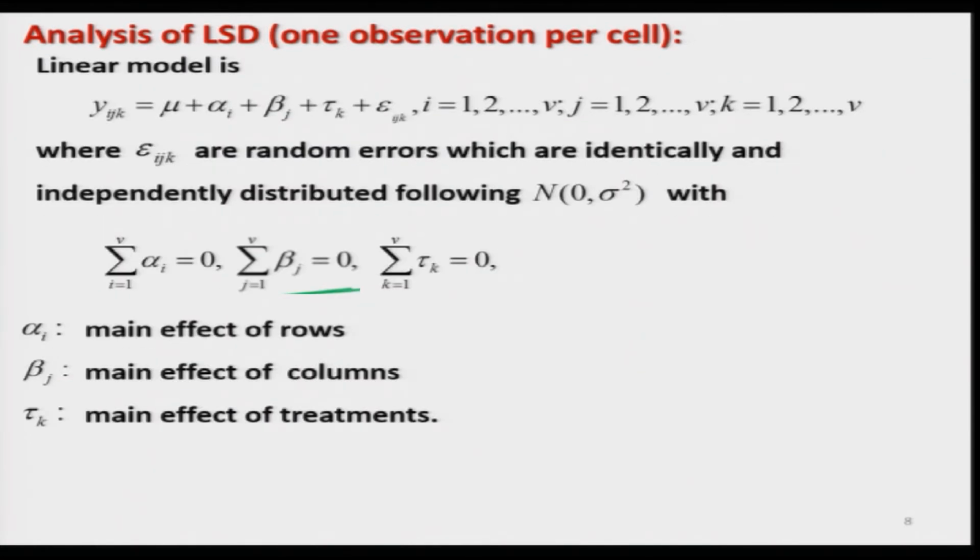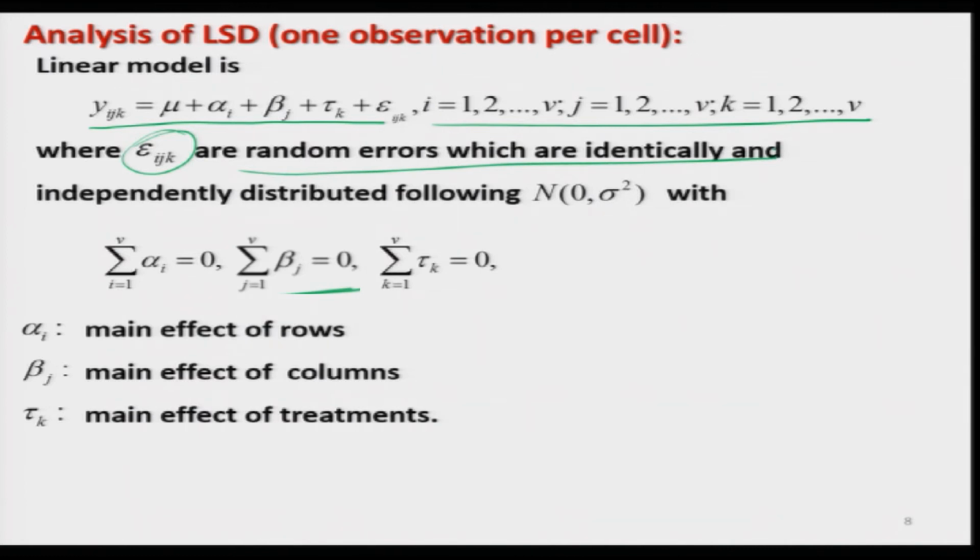So, now the same thing we can also express in the form of a linear model as y i j k is equal to mu plus alpha i plus beta j plus tau k plus epsilon i j k, where i, j, k are going from 1 to v, and these epsilon i j k are the random errors which are IID, identically and independently distributed following a normal distribution with mean 0 and variance sigma square.